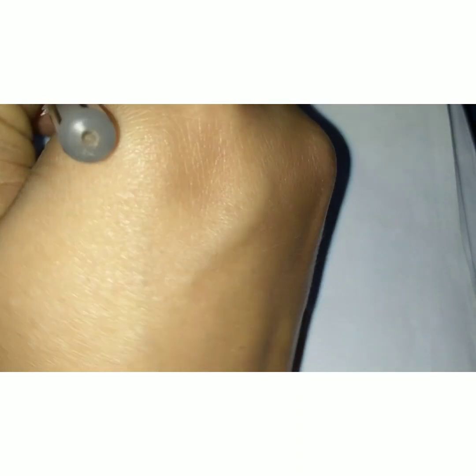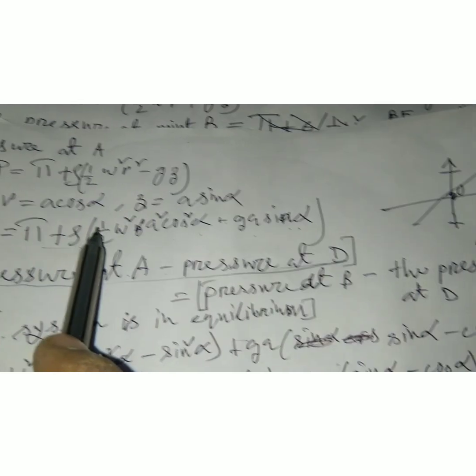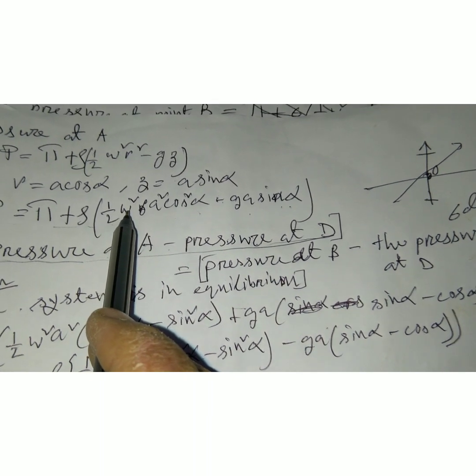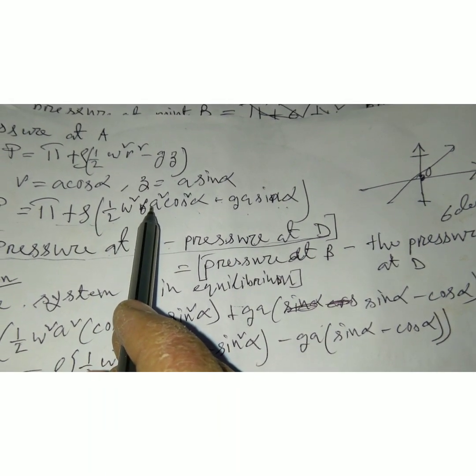Okay, in case of rho, it is the density, and sigma is also a density. Sigma density and rho density. So the pressure at A is equal to half omega square A square.